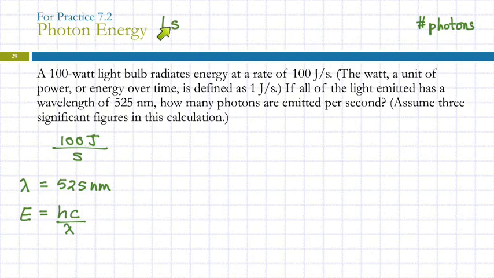Well, 1 second, we've got this relationship that there's 100 joules per second. It's radiating energy at a rate of 100 joules per second. So could we figure out how many joules are being emitted in 1 second? Well, sure, it's 100, right? So we could convert seconds into joules, because we have that power relationship there.